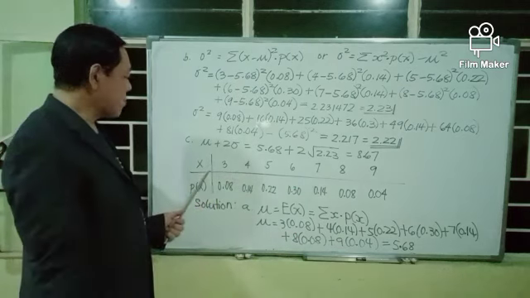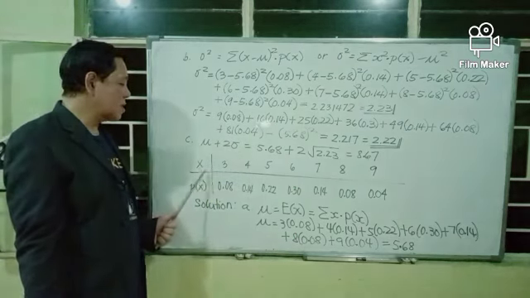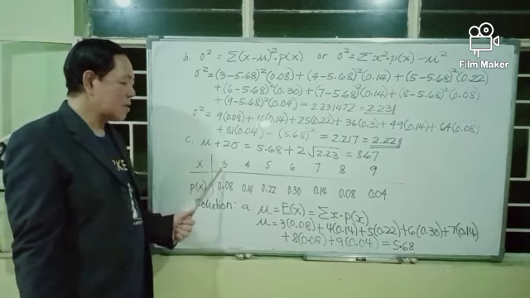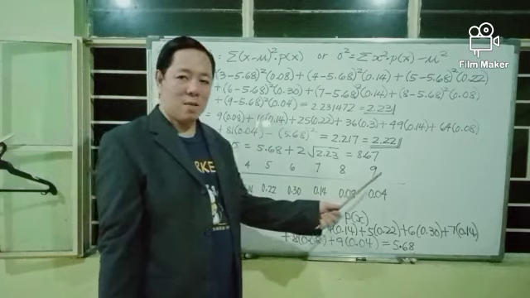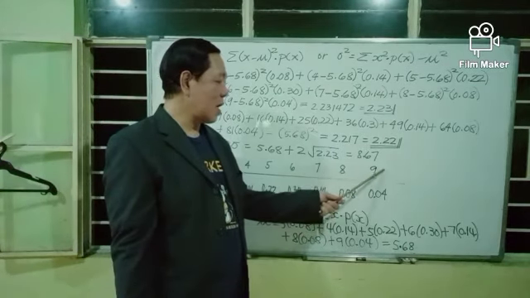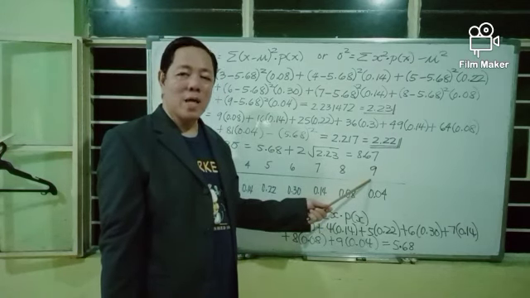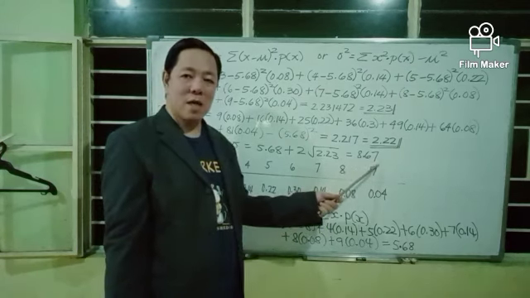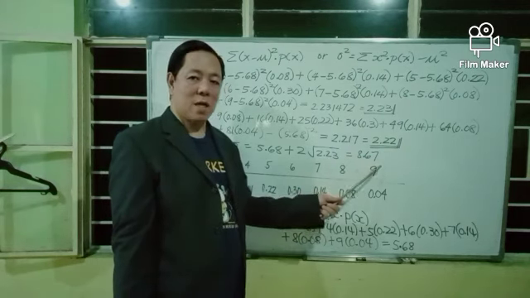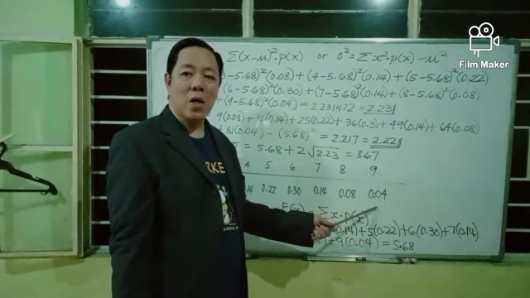Now, by inspection of this given probability distribution table for the discrete random variable x, you can see that the values of x are 3, 4, 5, 6, 7, 8, 9. And among these values of x, there is only one value of x, 9, that exceeds 8.67. Only x equals 9 exceeds 8.67. And the probability that x is 9 is 0.04.